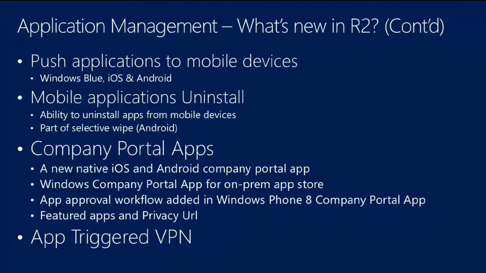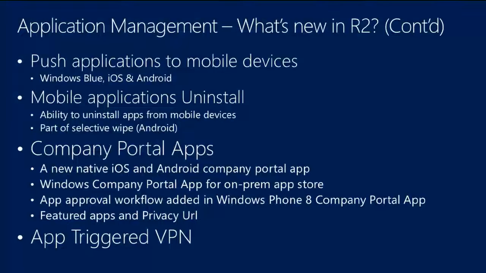The company portal, we have a lot of new changes there. We have an iOS version of the company portal. We have a new Windows company portal that we are developing. Our plan here is the app catalog that you've seen so far for PCs will eventually get replaced by this, the sleek-looking app that you saw Adib demo.